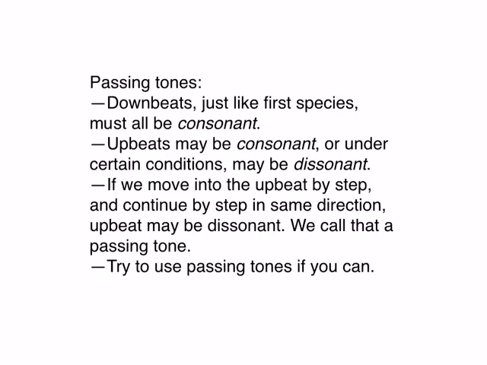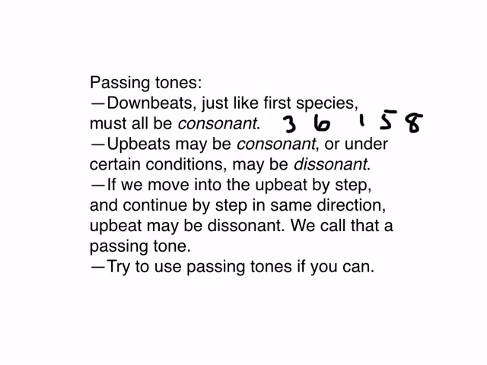The downbeats, just like in first species, must all be consonant. So that will be thirds and sixths, those are the imperfect ones. Unisons in places, beginning and end, fifths, octaves, those are the perfect consonances.